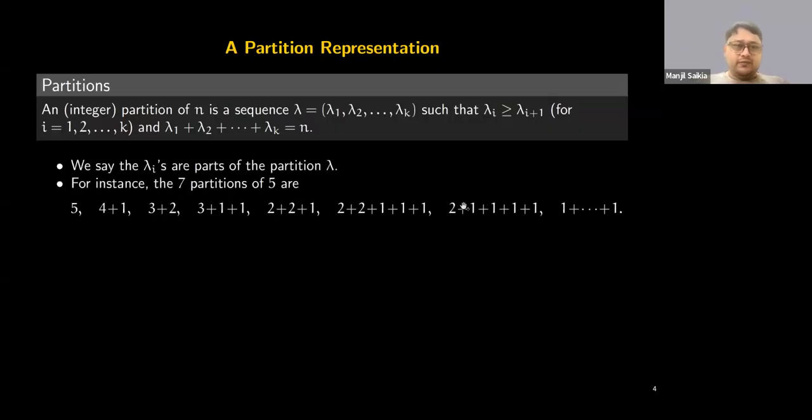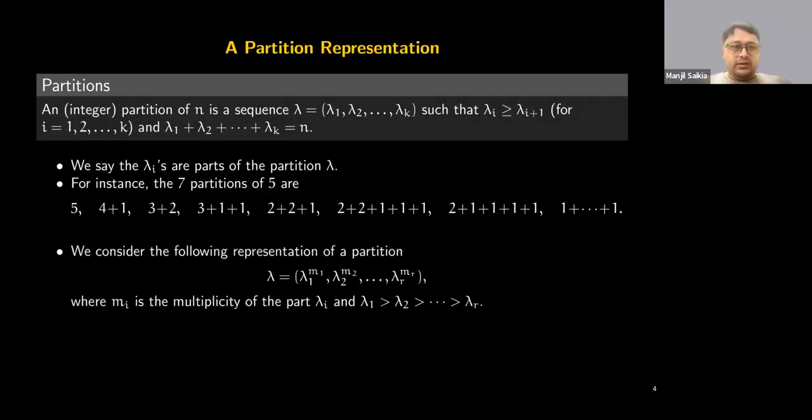For instance, the 7 partitions of 5 are as given in the slide. So we have 5, then 4 plus 1, 3 plus 2, and so on. And sometimes we also consider the multiplicity or the frequency notation of a partition, where lambda 1 to the m1 just means that the part lambda 1 is repeated m1 times, and similarly, the part lambda 2 is repeated m2 times and so on.